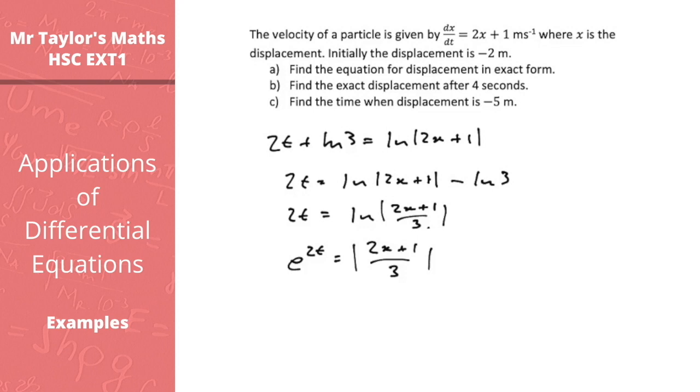Now let's have a think about what we've got. This e to the 2t is always positive, but our initial displacement was -2. So we don't want the absolute value, we want e to the 2t to be negative of 2x plus 1 over 3. So it's always going to be negative. We get that from the initial displacement.